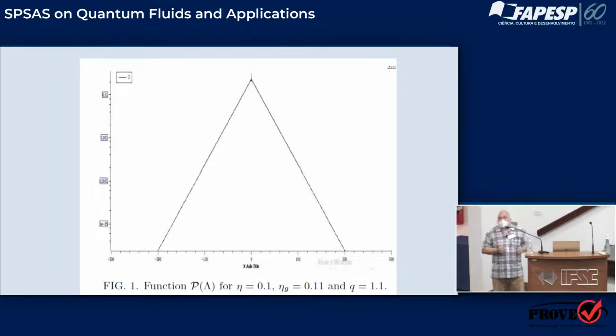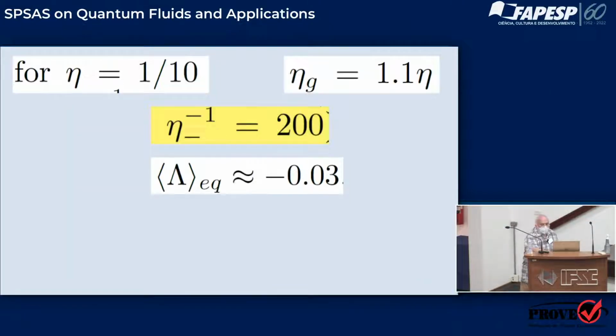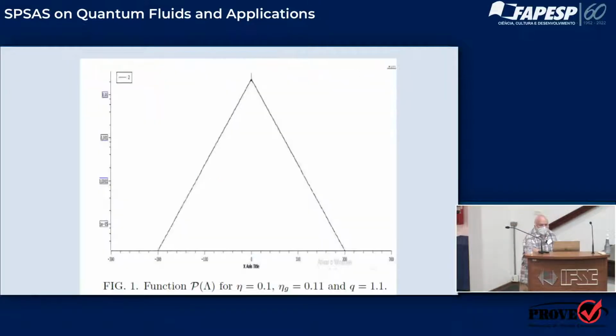What will happen if we change the sign of the field? We already know that the mean value of lambda will be much more, 200. Then, how will this change?